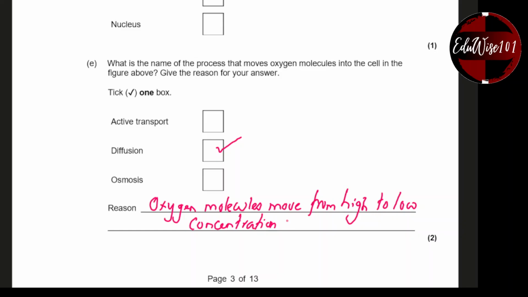Low concentration, which is inside the cell.